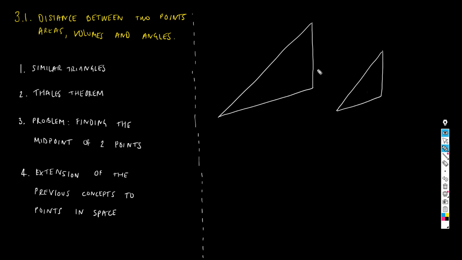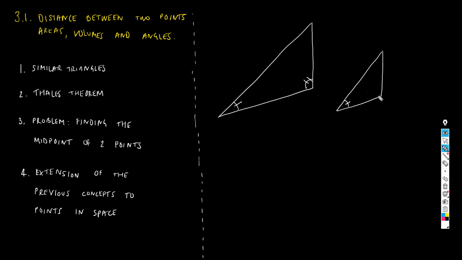If I give you 2 triangles, and if those triangles happen to have the same exact angles, for example, this angle, I'm going to call it angle 1, which is the same as this. These 2 angles are the same.